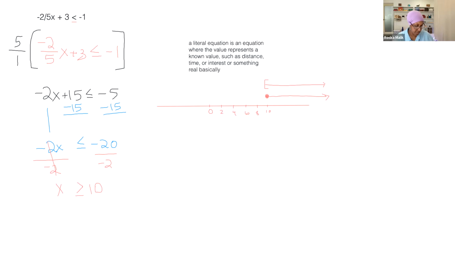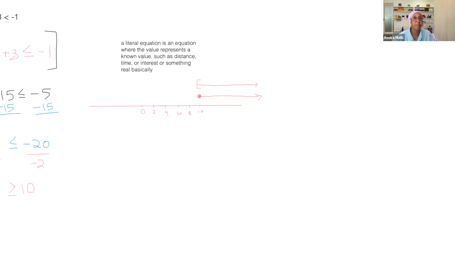Time, interest, distance, slope is a literal equation. Okay, so you may see that on the homework.